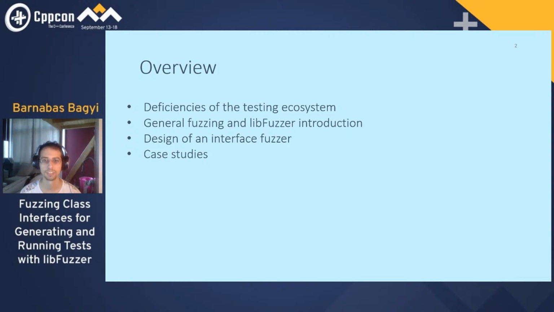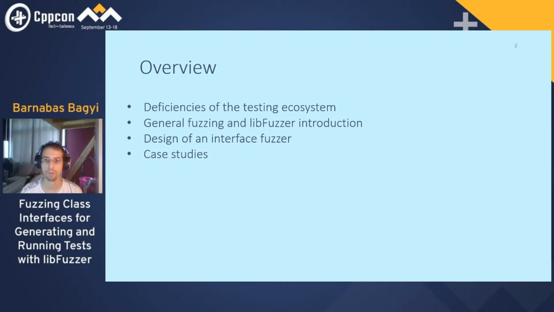Before we get into it, let me present the outline of what is to come. I will start by showing through example what is missing from the current testing ecosystem and why we should not be satisfied by using only unit tests to test our classes, even though they are great too. After that, a brief introduction of fuzzing in general and Clang libFuzzer will follow.